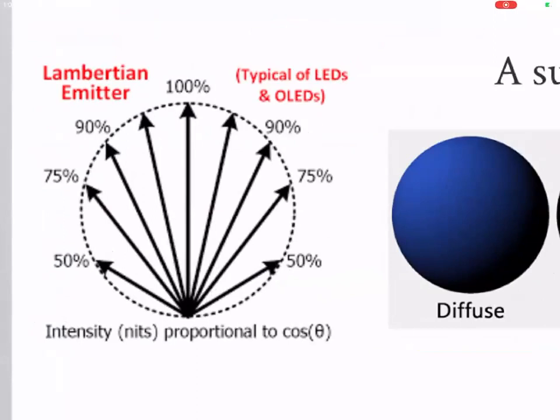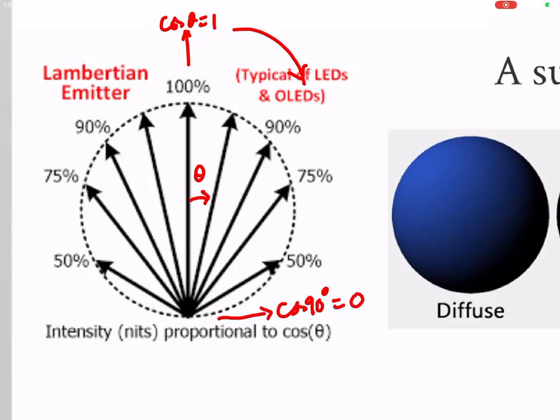Here, intensity is represented by the length of these arrows, and the angle of the arrow is the angle in which you're looking, or the light is being emitted. So the normal direction on axis is 100%, which is cos theta is 1, right? And cos theta is decreasing. At 90 degrees, cos of 90 degrees is 0, right? So you can see this is Lambertian. The size of this arrow is decreasing as you go to larger angles.